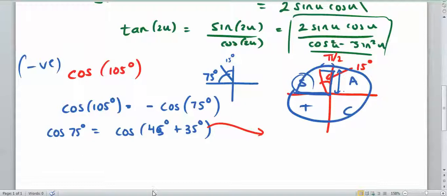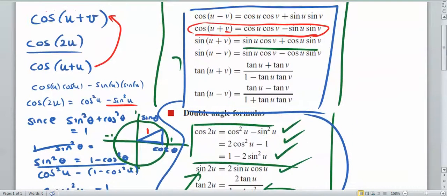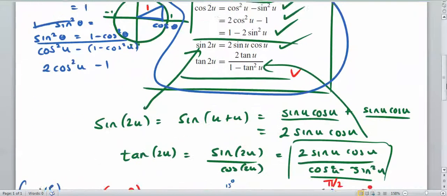Let's consider this as u and this as v. This comes from cos of u plus v, our addition formula, which is equal to cos u cos v minus sine u sine v.